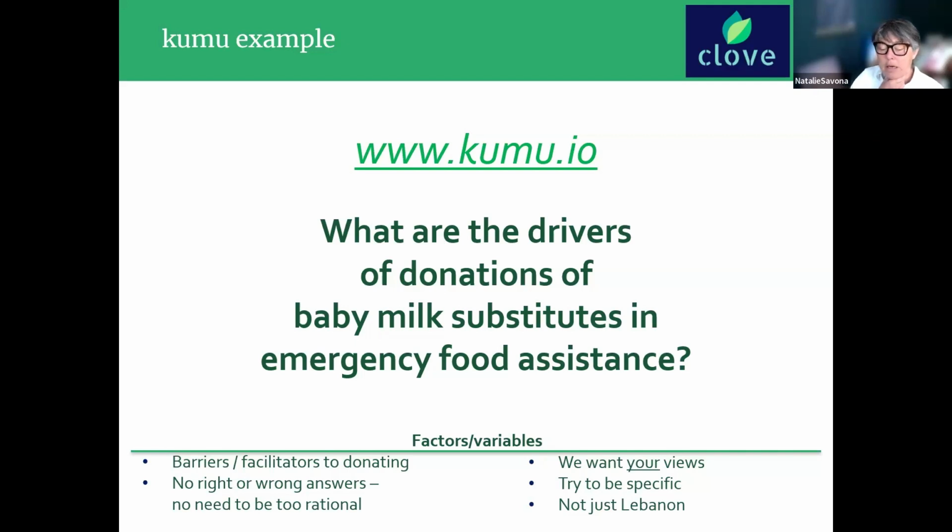No? Okay. And the other thing I want to point out, there's no right or wrong here. No one should feel they might have got this wrong. In theory, we are creating a map of your views on what drives the donations of formula milk, baby milk substitutes. When you're doing system mapping, you're not looking for a precise, absolutely correct answer.